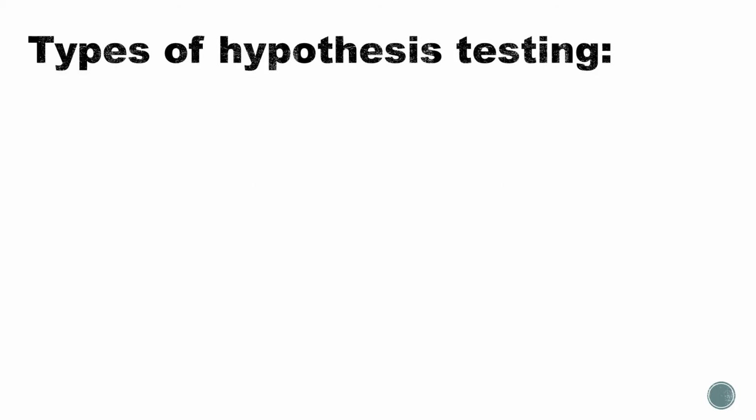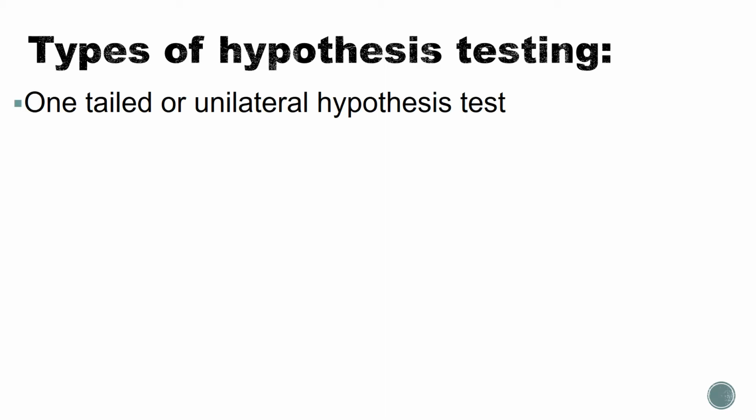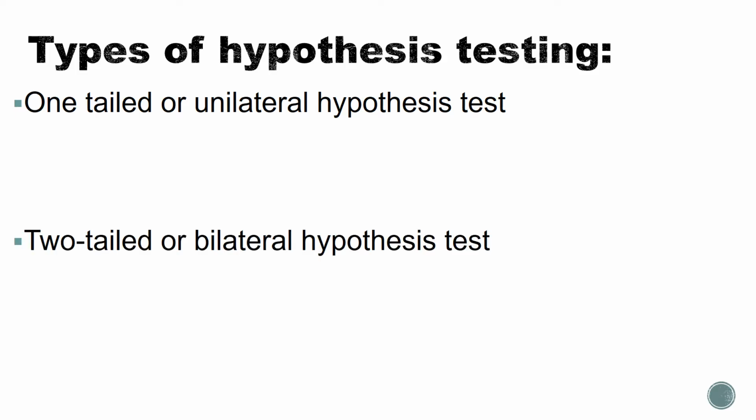We could have different types of hypothesis tests depending on our research question or the objective of our study. But all these hypothesis tests can be grouped into two. We have the one-tailed or unilateral hypothesis test, and the two-tailed or bilateral hypothesis test. You need to understand what is meant by one-tailed or two-tailed. It's simply with respect to the location of the critical value of the statistical test calculated.